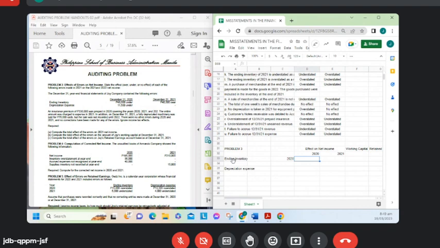If the cost of sales is overstated by 48,000, it means net income is understated. If its effect on net income, there should be an additional 48,000 to be recorded. So if it's understated, it means additional net income. So positive, no?